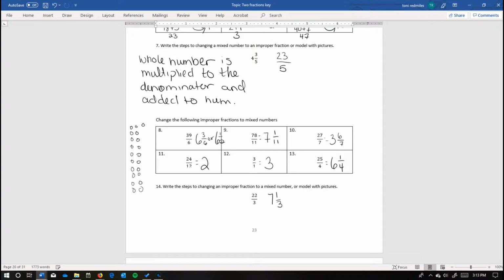Okay, so this is all the Skittles that I have, and I'm going to have to figure out how many bags I can make out of these Skittles. So, and because the denominator is 6, I know that there are 6 in each bag of Skittles. So here's my first bag. Here's my second bag.